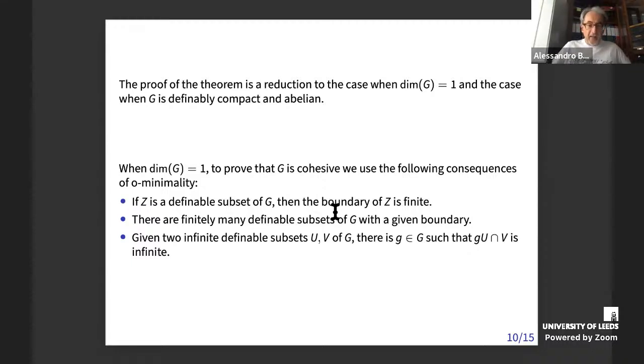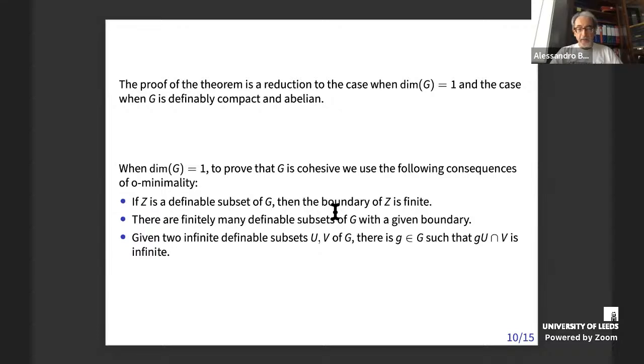So the ingredients are, if you have a dimension 1 group, if you have a definable subset of it, the boundary is finite by minimality. Then another fact is that there are finitely many subsets of the group with a given boundary. So if you have a circle, for instance, you fix the boundary, there can be only two intervals, two sets with the given boundary, if you fix 2 points.